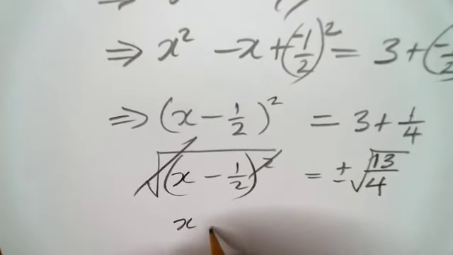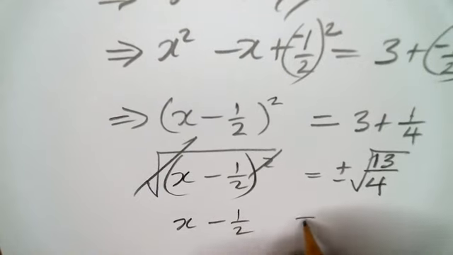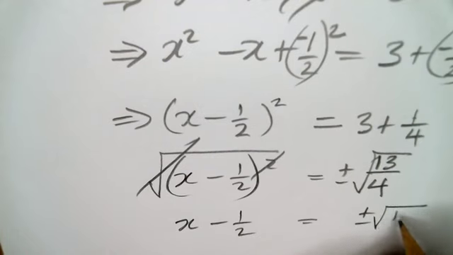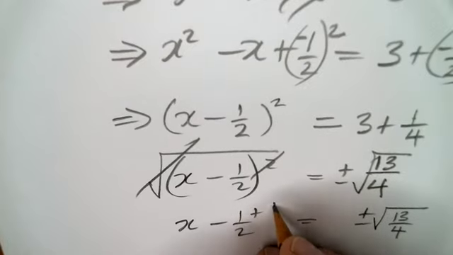So I'm going to have x minus 1/2 is equal to plus or minus root 13 on 4. And by the way, at this point I would actually do something slightly different, but I'll keep it like that for this step and I'll change for the next step. I'm going to add a half to both sides.